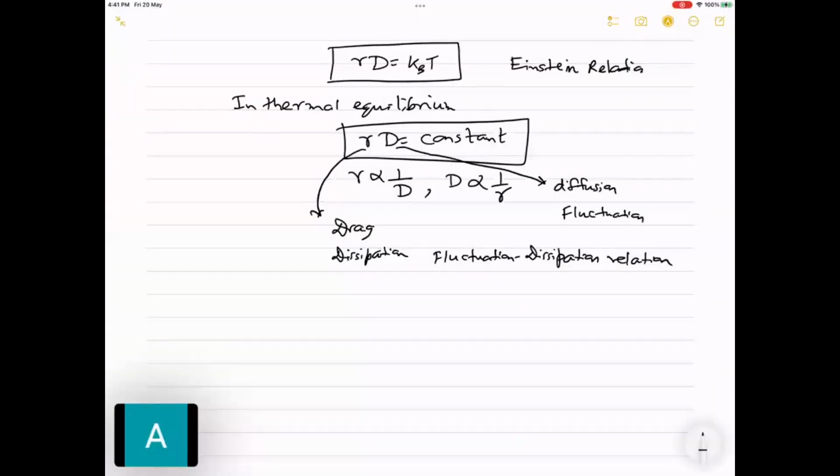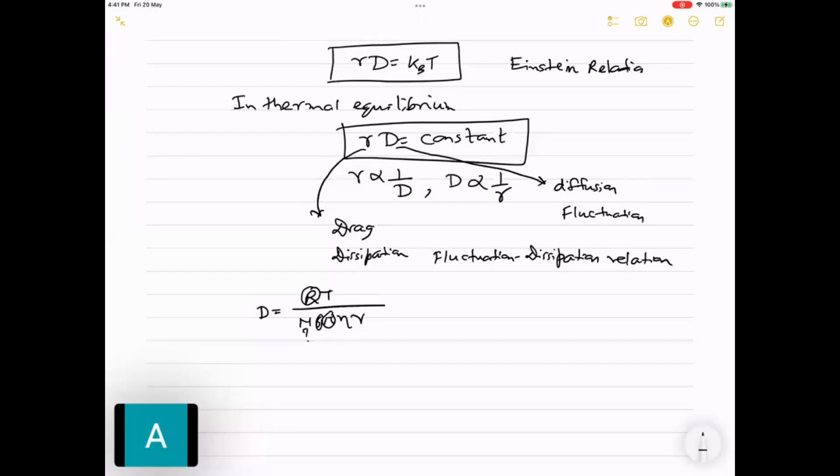So the relation is given as D equal to RT divided by N 6 pi eta r, right? Now we have to determine this Avogadro's number. We know that R is a constant, 6 is a constant, pi is a constant.